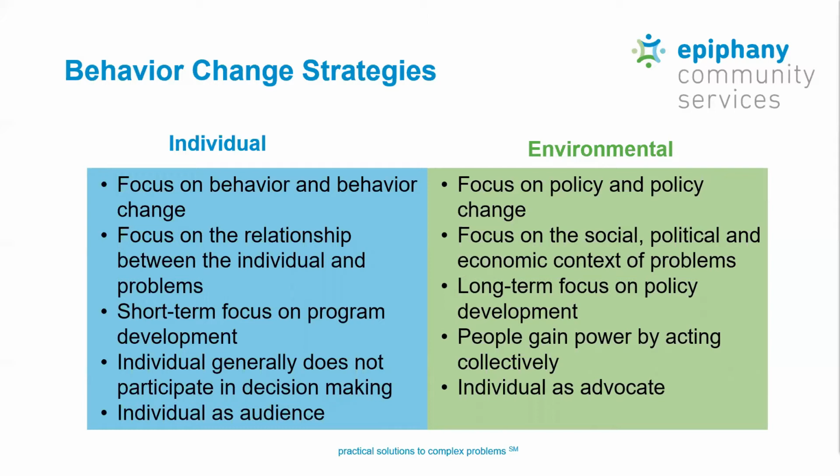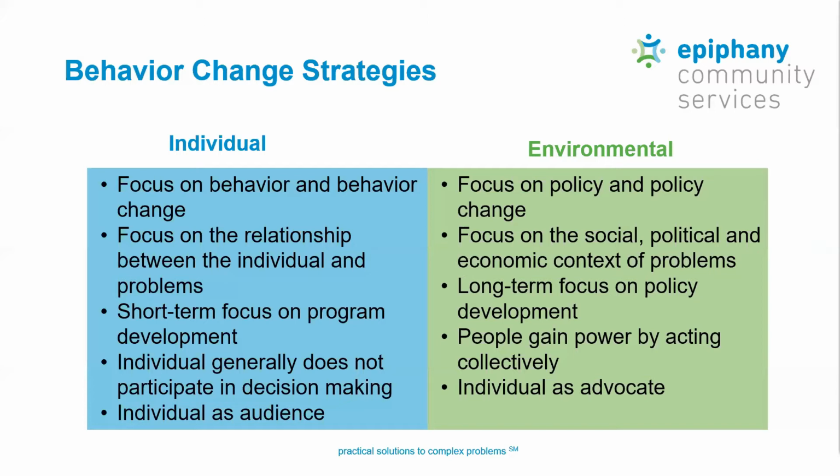Whereas our environmental strategies have more of a focus on a policy, a practice, a procedure, a way we operate. It's going to be those large changes that we're trying to implement that are going to have an overall impact on the entire community, not just one group, not just a collection of a couple of people. It's where we're really trying to impact the overall change of our community.